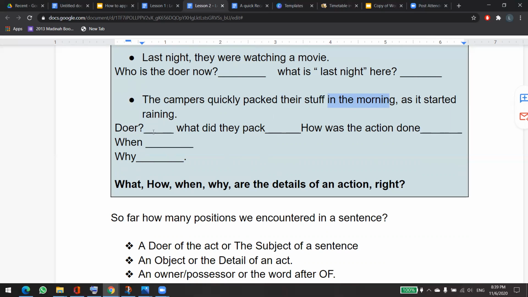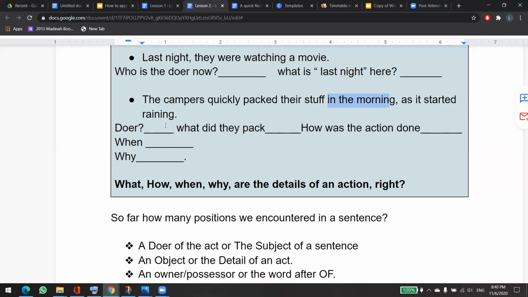So we have one status, doer, and we have different others. What did they pack? They packed their stuff. So again, a detail. How was the action done? Quickly. Again, a detail. When did they pack? In the morning. A detail. And why did they pack?